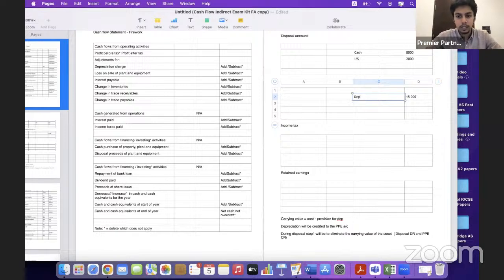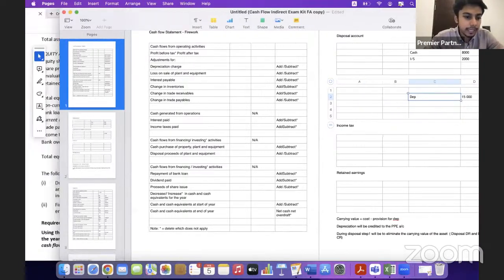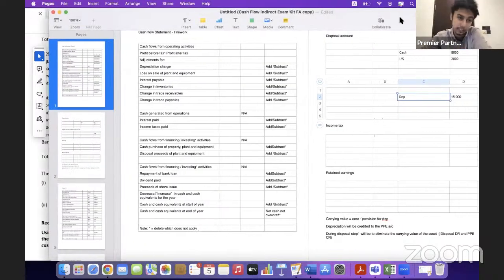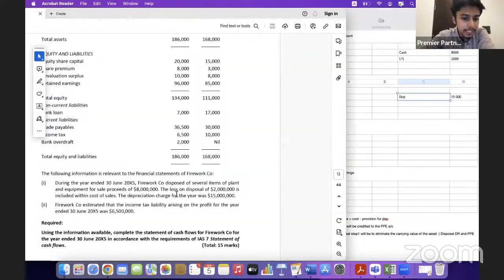So this is how you're supposed to mark the first 3 numbers they have given inside the T account or inside the adjustment. What was the first one? They said we sold something and we got money. So cash account becomes debit and disposal account becomes credit. Second thing, loss.